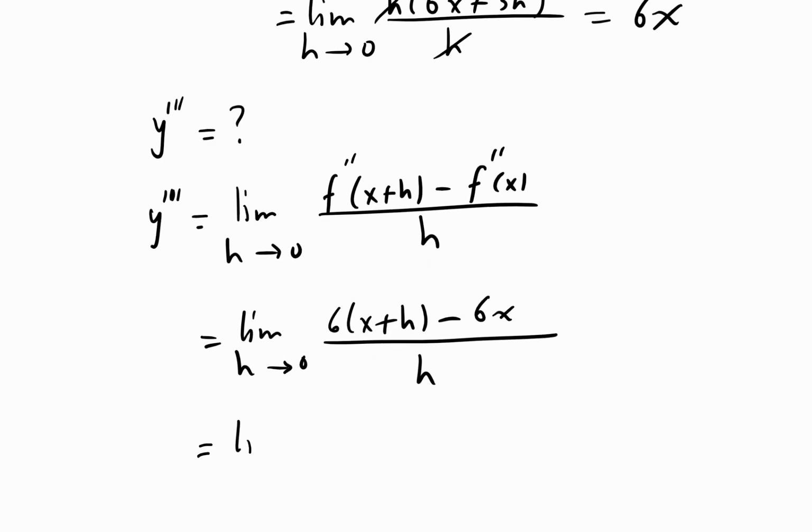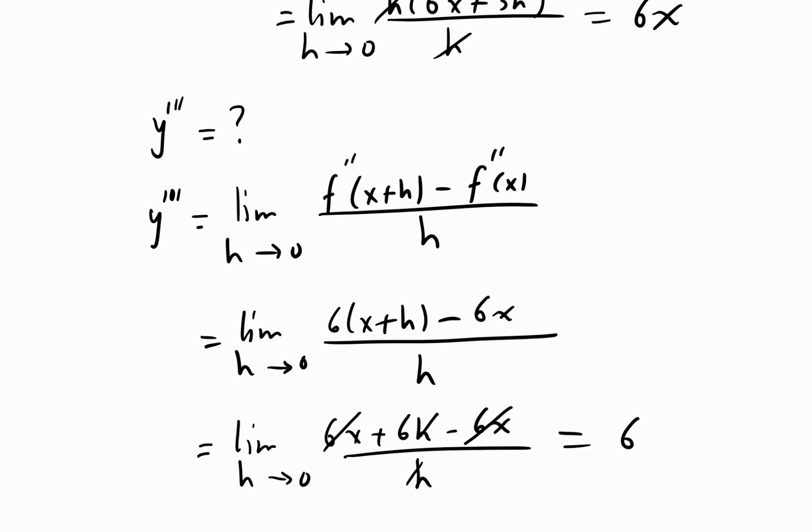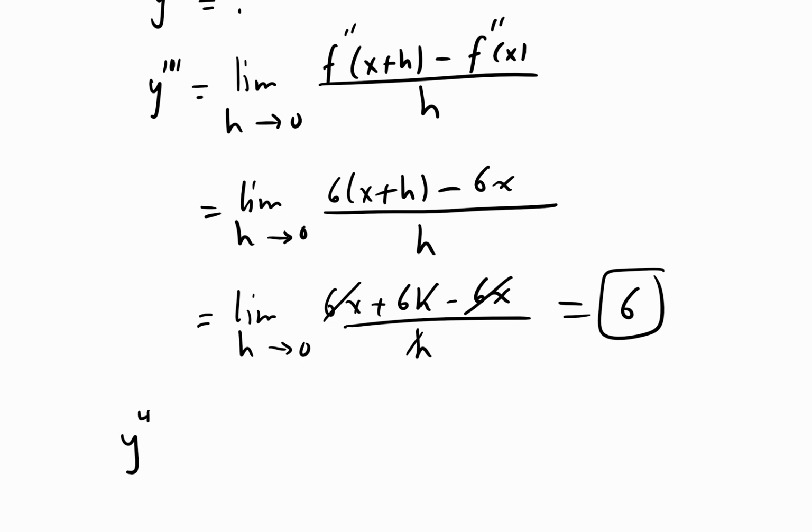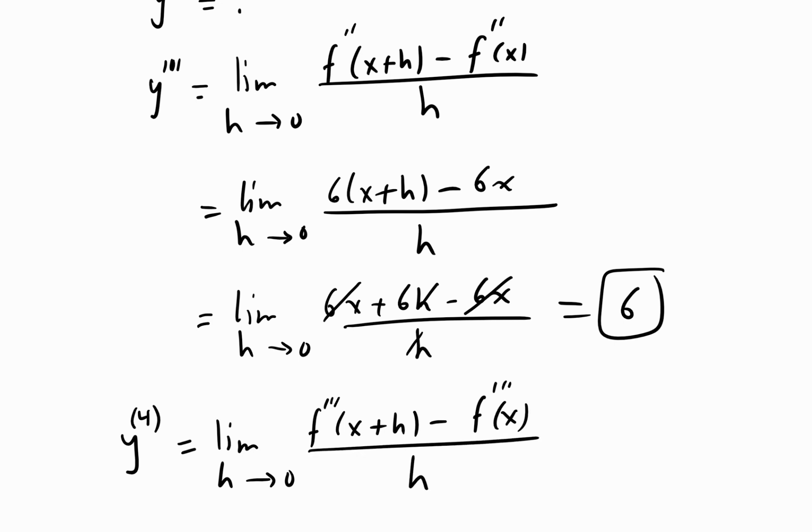That gives me the limit as h goes to 0 of 6x plus 6h minus 6x all over h. These cancel. That gives me 6. That's the third derivative. Can we find the next derivative? Y to the fourth is the limit as h goes to 0 of f triple prime of x plus h minus f triple prime of x all over h.